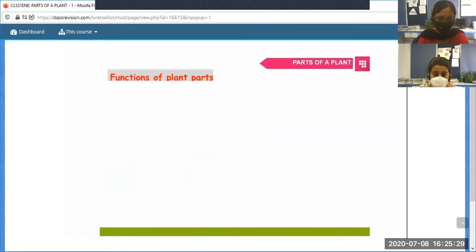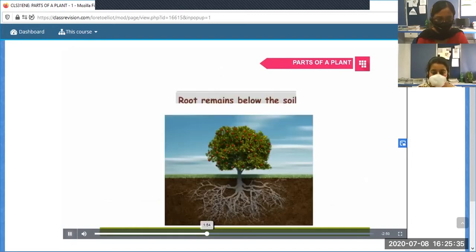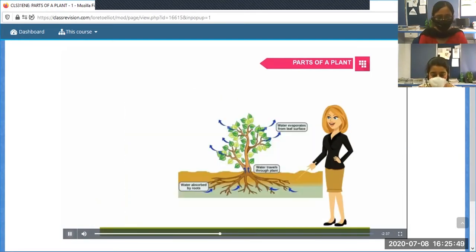Now let us see each part of the plant in detail. Let us see the roots which remain below the soil, right? Yes. What functions does the root perform? Functions of a root.